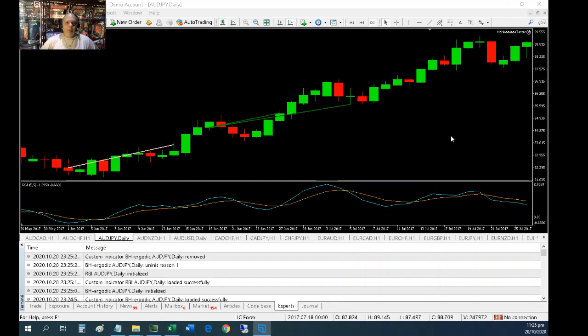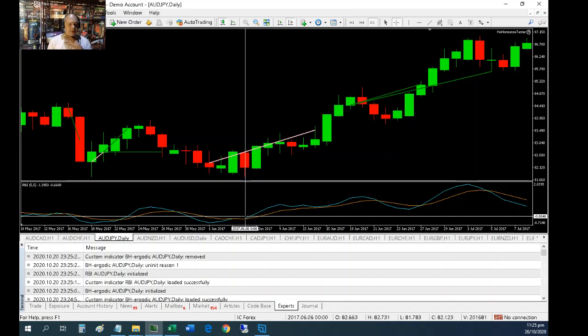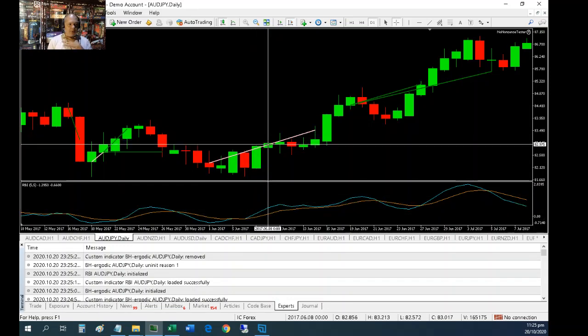Okay. So I found one. This is the RBI. Okay. Not baseball. All right. So if you could see here, we would have had a signal on this candle. We would expect a trade to be entered here, going long.